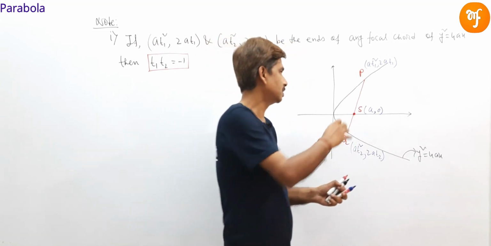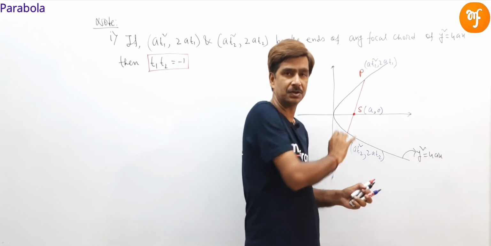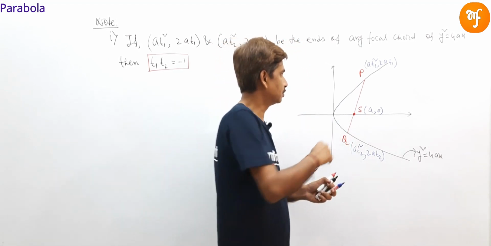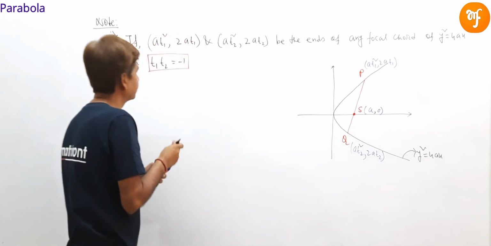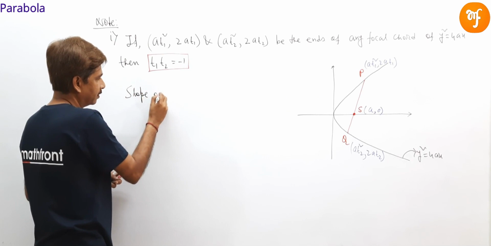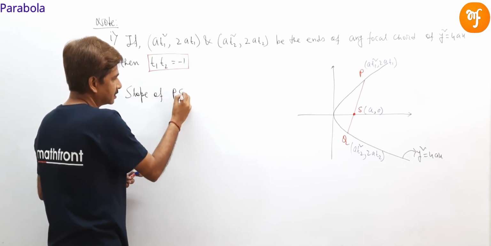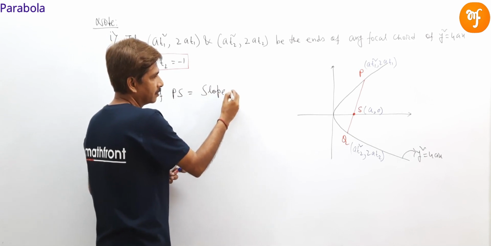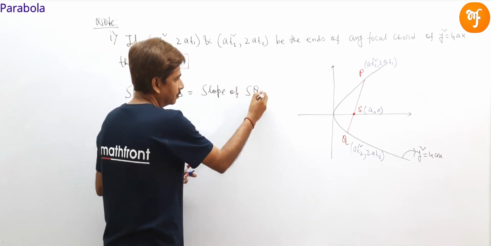Why? Because both PS and SQ lie on the chord PQ. Got it? So we can write slope of PS is equal to slope of SQ.